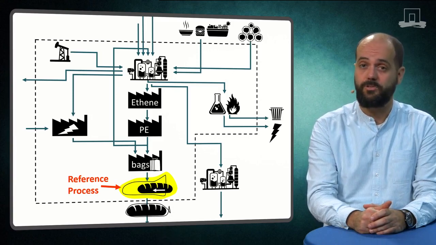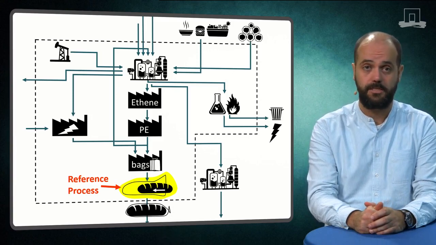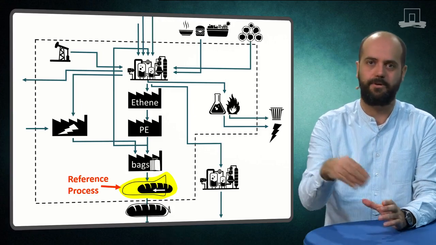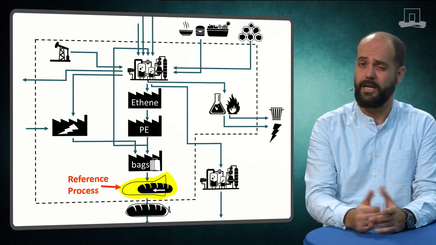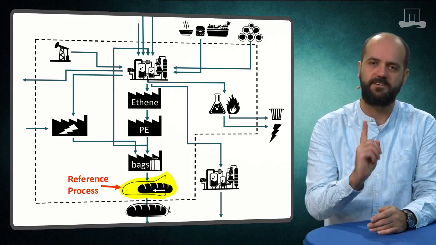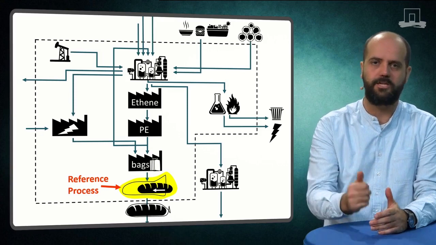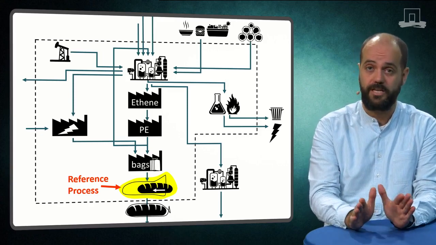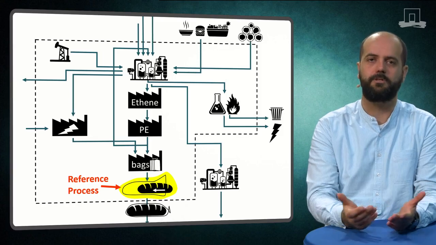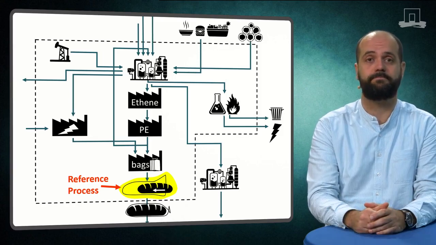There are possibly studies which have data on bread packaging machines, assuming this is an industrial process and not your friendly baker who packs the bread by hand. Can we use this data? Well, if we happen to have data specific to the actual machine, then it is best to use that. If we don't have this data, we should try to collect it. Then we'll have to use the available generic or background data.